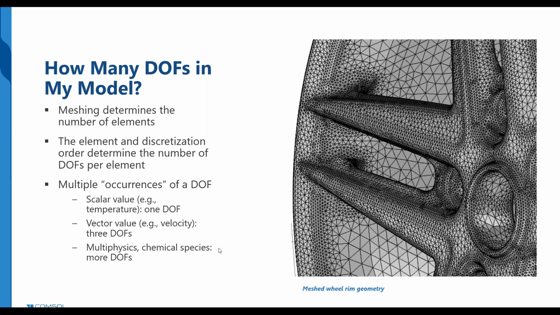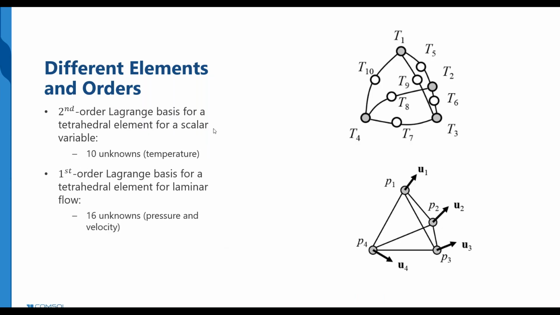On top of that, we might handle multiphysics coupling and chemical species, etc. To further complicate the picture, we can use higher order representation for basis functions in the finite element method. For instance, a second order Lagrange basis for a tetrahedral element for a scalar variable will result in 10 degrees of freedom for just one mesh element.